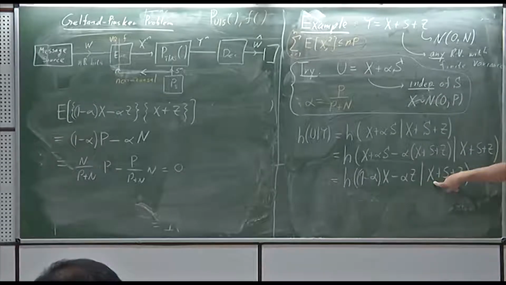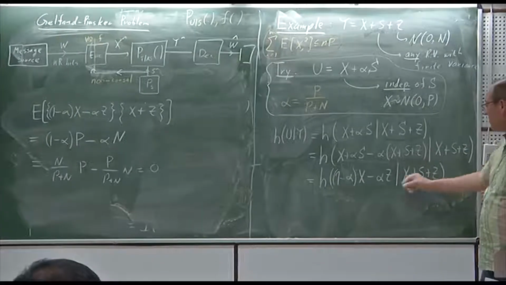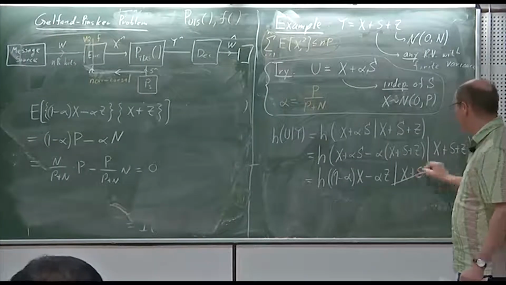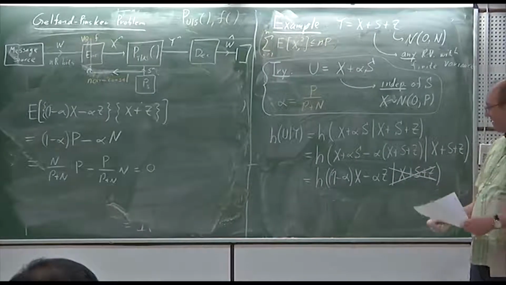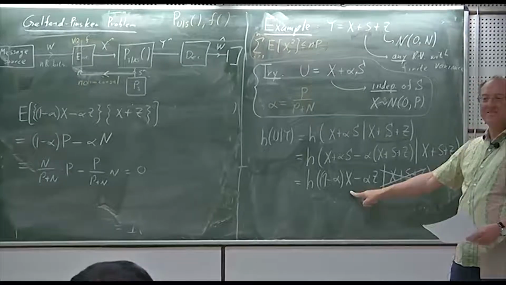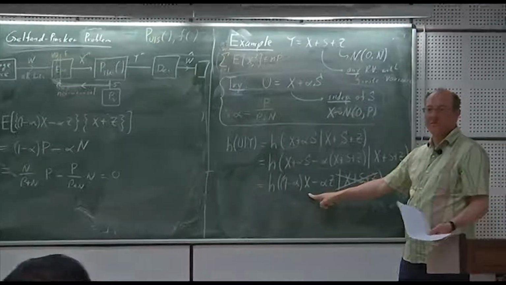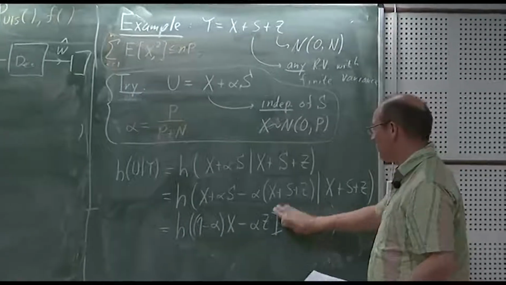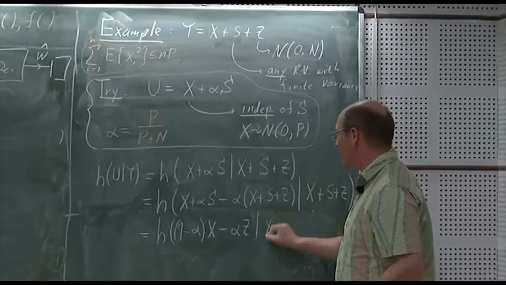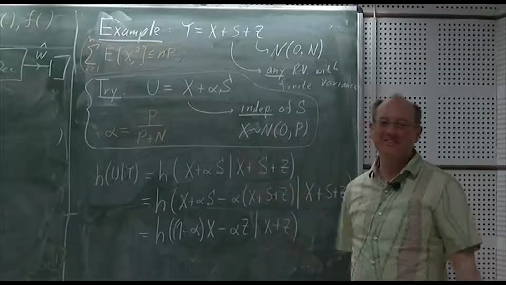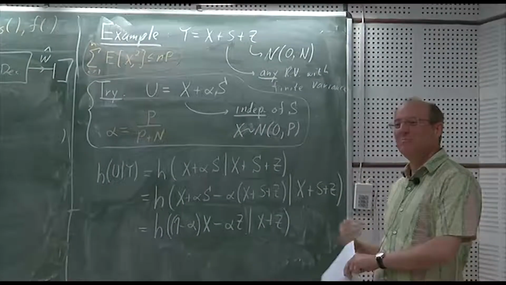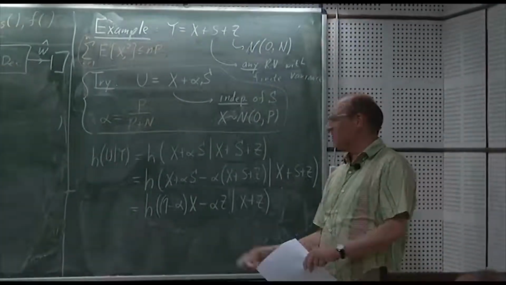Because of that, this is independent of x plus z, and s is independent of everything, so they're independent, and I can just drop this. And I can stuff back in anything that's independent of this, which I'll just do: it's x plus z. All with equality. I took everything out because I just want to take the s out, so I get this back.